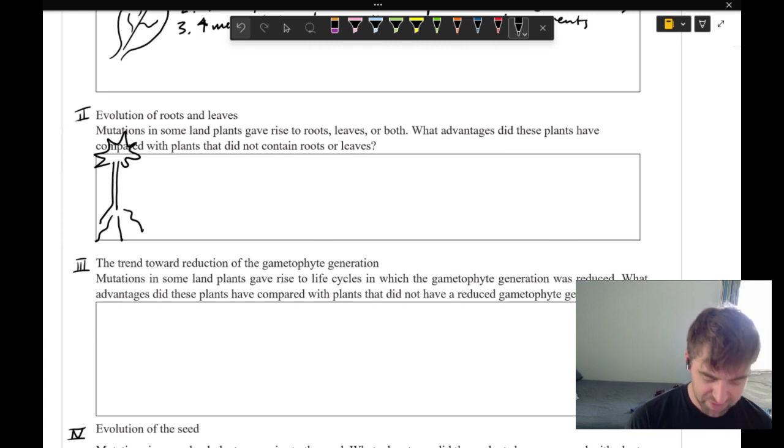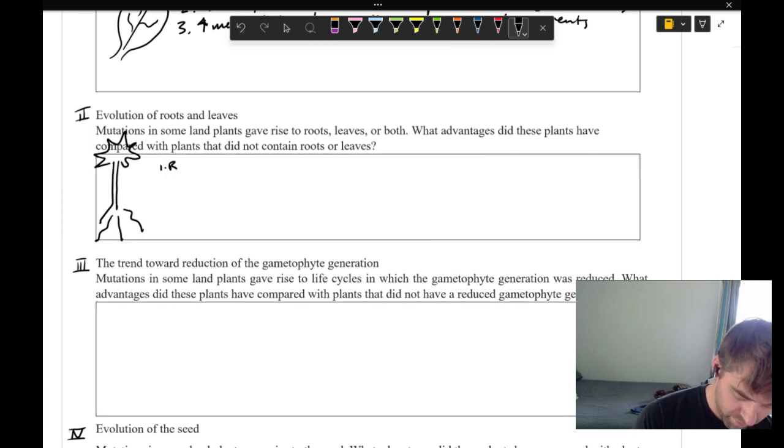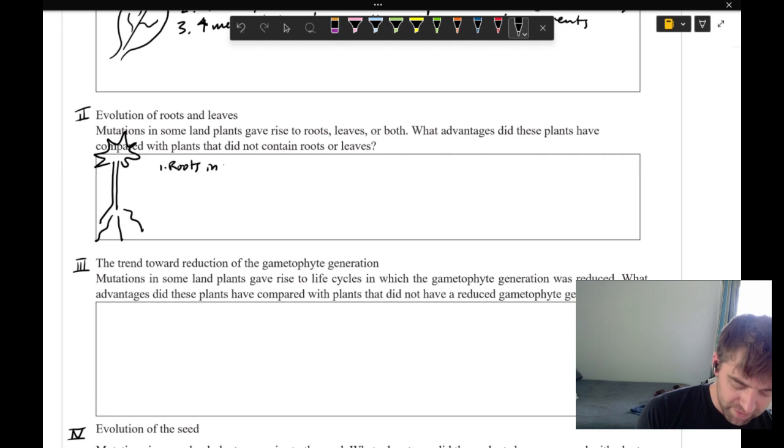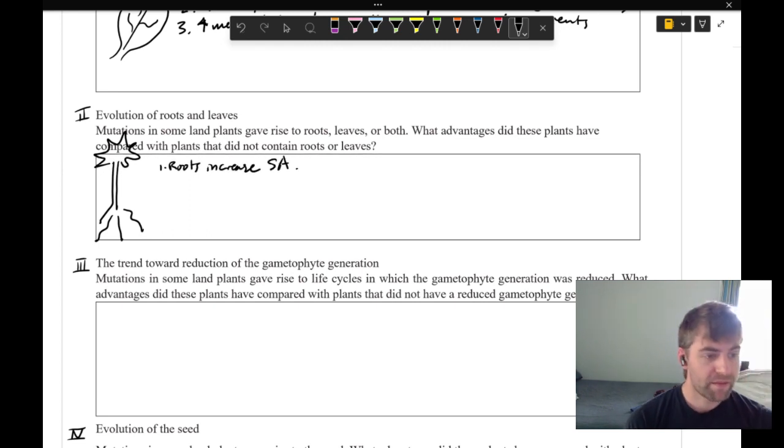Roots and leaves. So roots at the bottom, leaves up top. Roots have a lot of surface area. This increased surface area increases water absorption from the soil, for one.